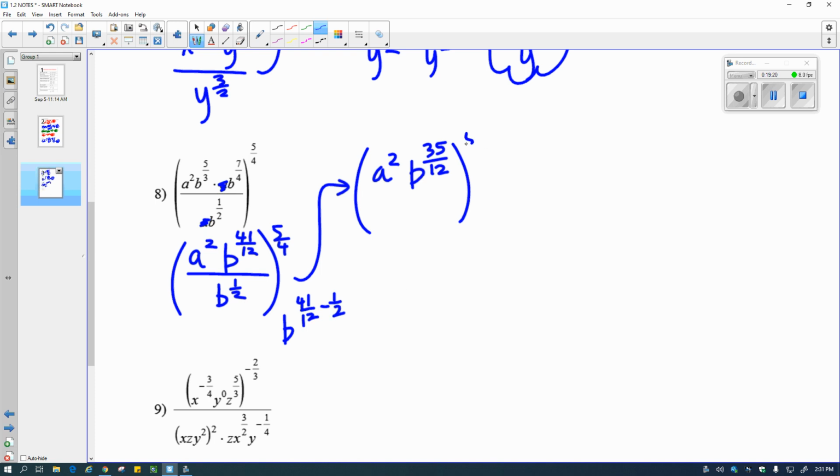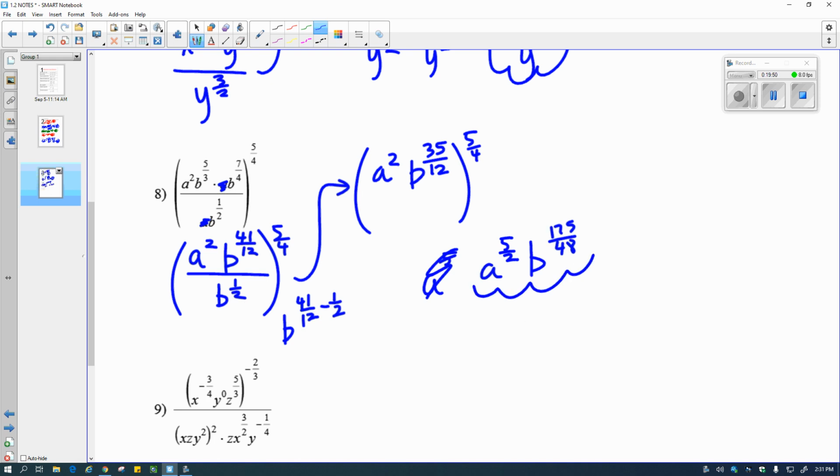I have to take all that to the 5/4 power. So I'll multiply that through. So that's a to the 5/2, b to the 35 times 5, 175 over 48.